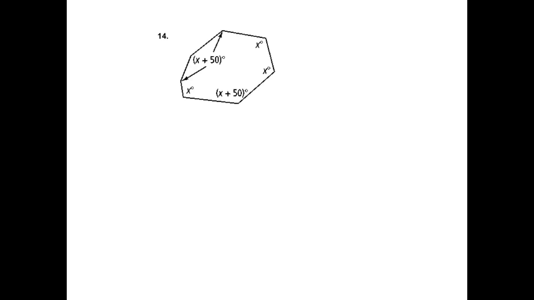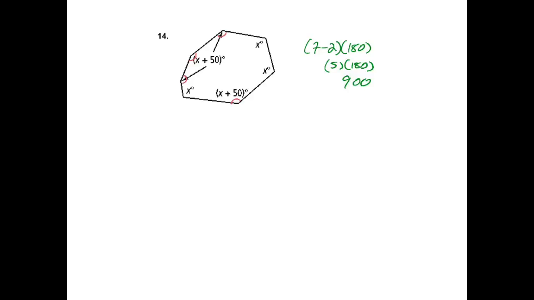Last one. Let's count those sides. Let's mark them: 1, 2, 3, 4, 5, 6, 7 sides. So I have 7 sides. 7 minus 2 times 180, so 5 times 180, that's 900. Again, I have this angle, that angle, and this one. And this one is x plus 50.